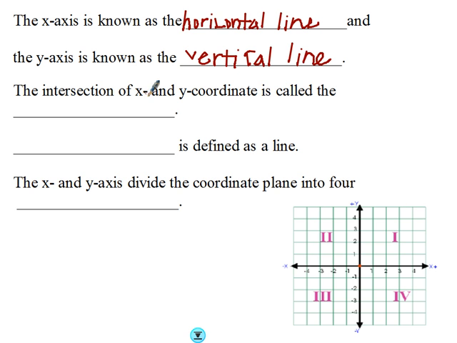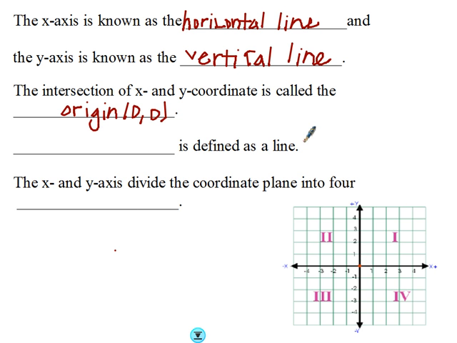Now, the intersection of the x-axis and y-axis is called the origin. That's where they meet together, okay? It's right in the middle, and we know that's (0, 0). That's right here, the red dot.